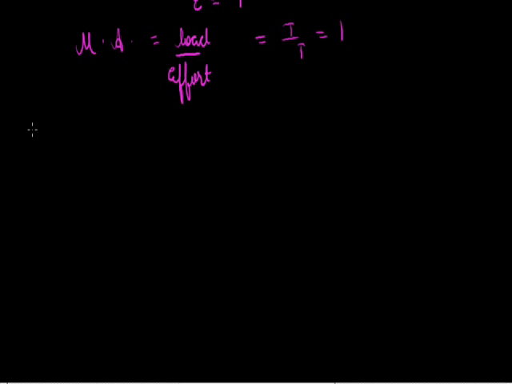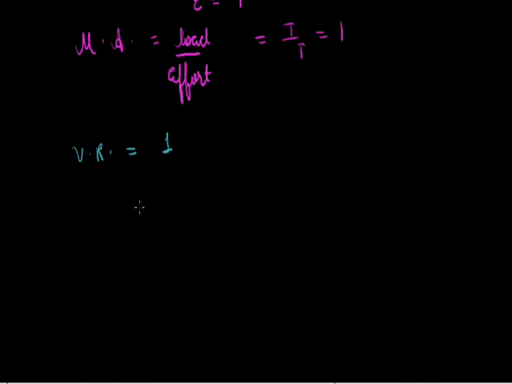Now, let us calculate its velocity ratio. Velocity ratio is equal to effort displacement upon load displacement. So, that is also equal to 1 because the pulley is not moving, and when the effort acts through distance small d in the downward direction, then the load will also move through distance d but in the upward direction.